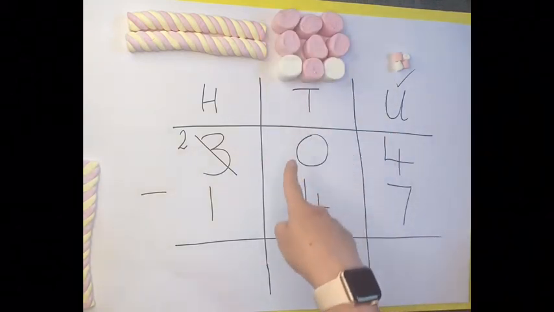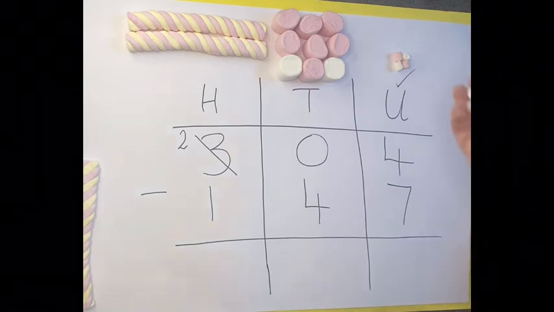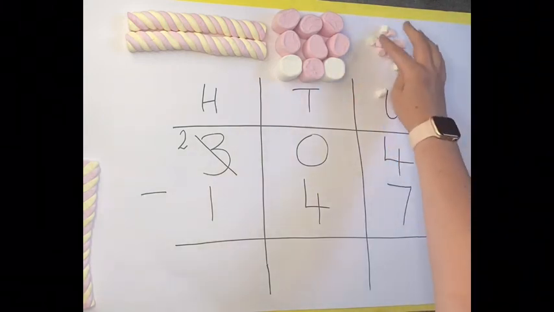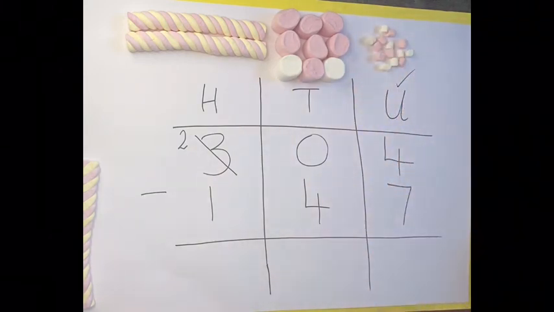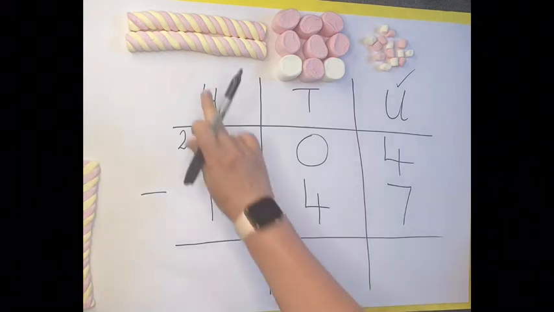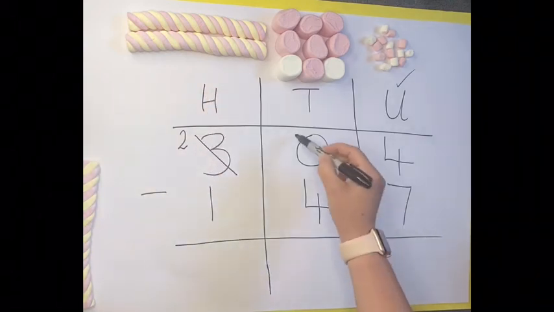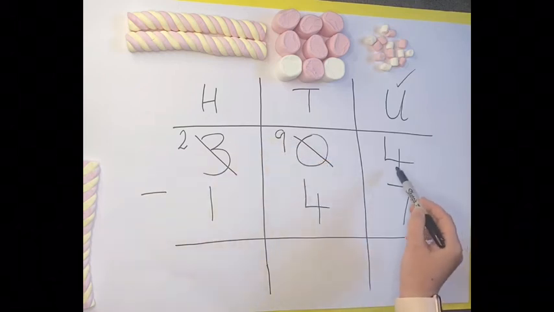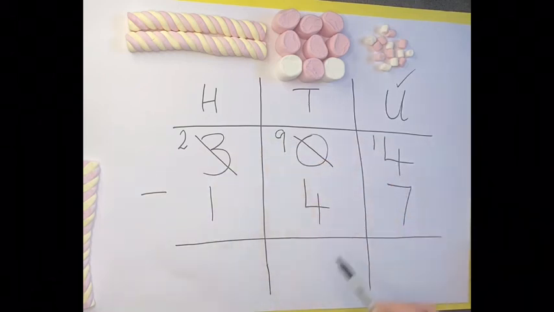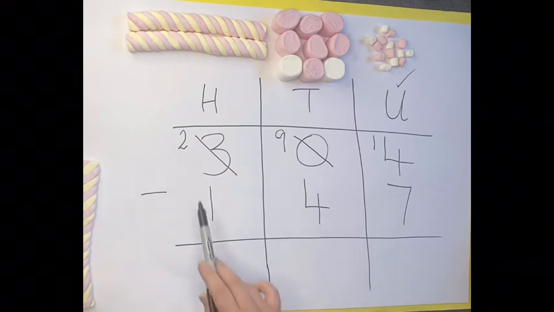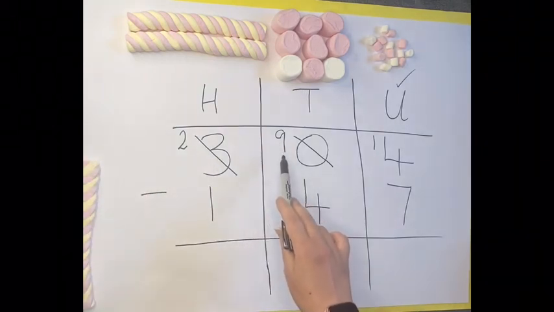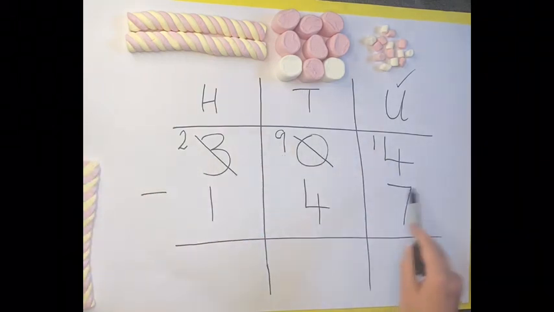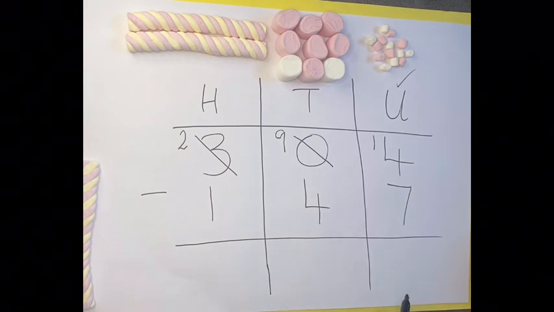So we're going to put 9 into the tens column, and we're going to put the 10 remaining into the units. We no longer have 0 tens, we now have 9 tens, and we no longer have 4 units, we now have 14. And just as a recap, 200 plus 90 plus 14 is our original number 304.